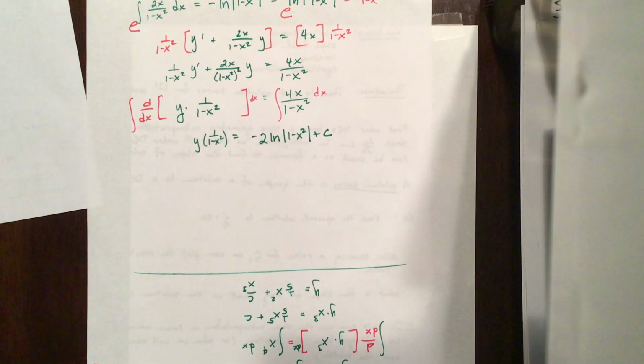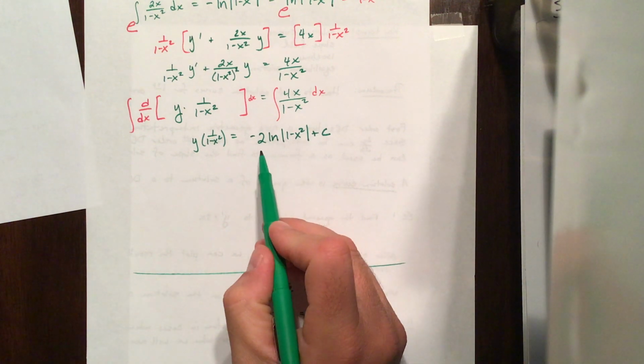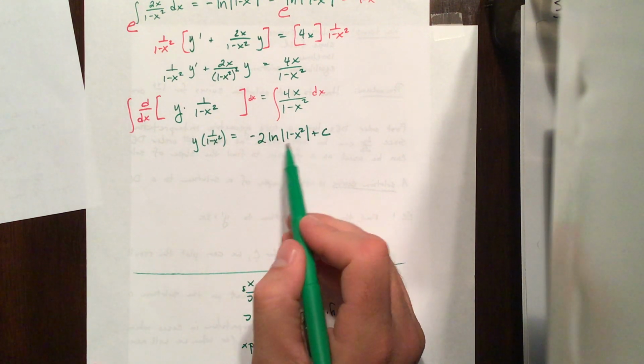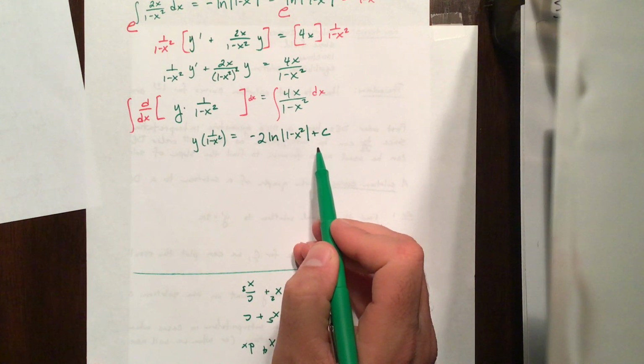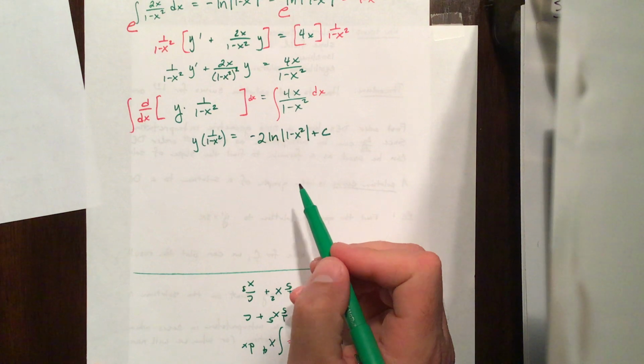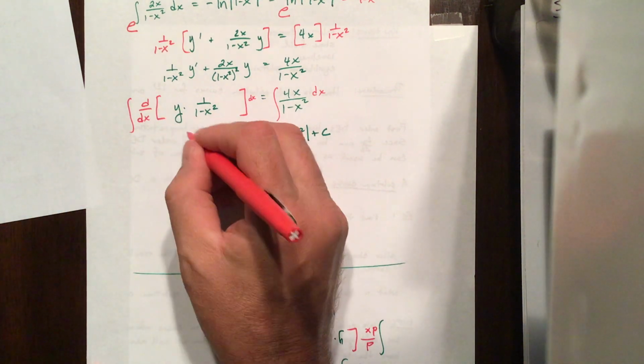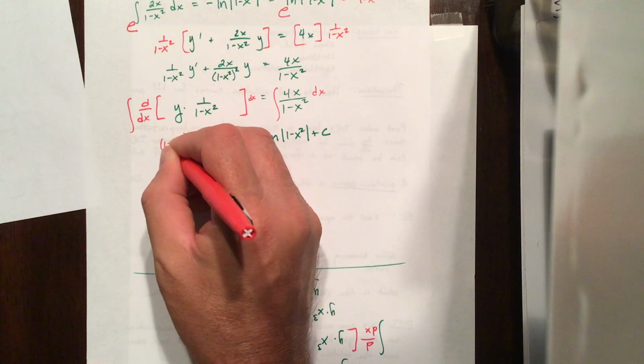Very nice. So at this point, my goal here, let's see, we have a negative 2. We can throw that inside the natural log if we are so inclined. Otherwise, we can multiply both sides by 1 minus x squared.